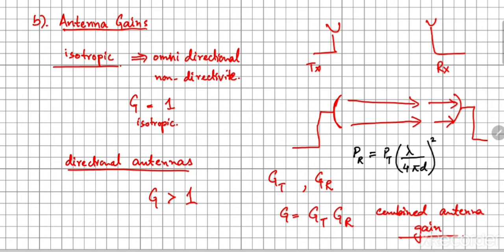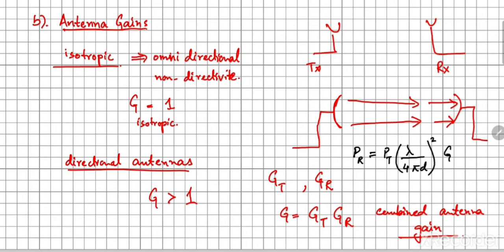And now, because of the antenna gains at the transmit and receive side, we will multiply this by another factor G. So G is the factor by which the received power increases as compared to that of an isotropic antenna.